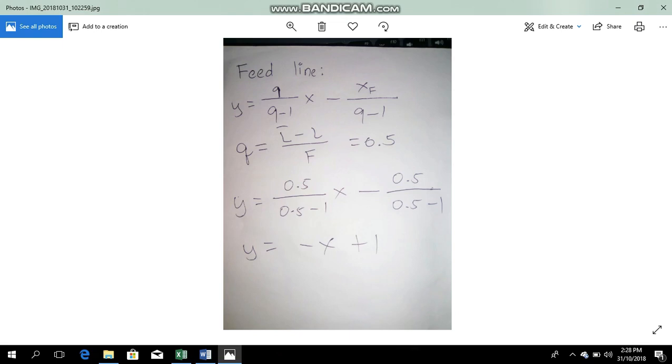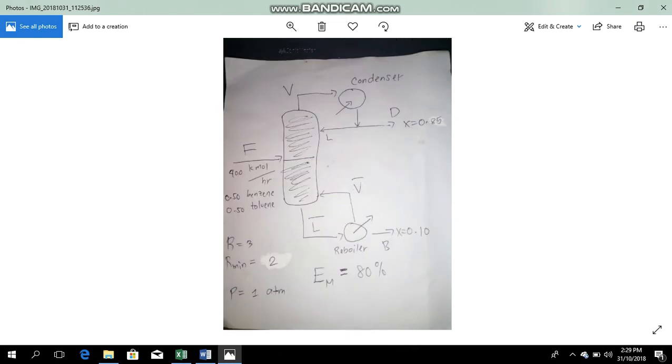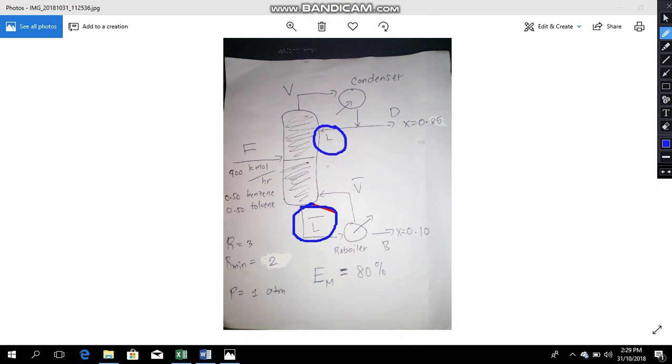This xF is the mole fraction of benzene in our feed. q is equal to L bar minus L over F. This is the L bar, this is the L, this is the F.